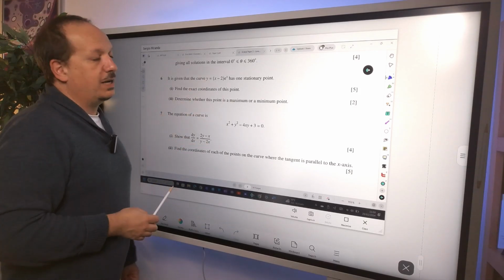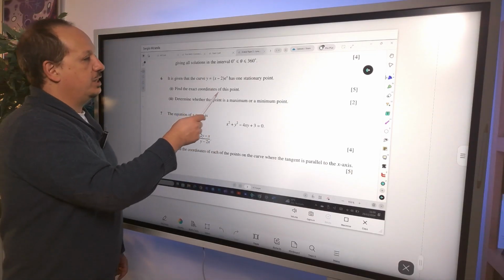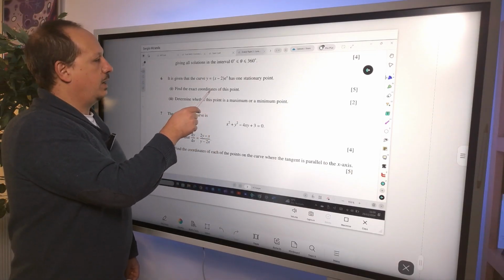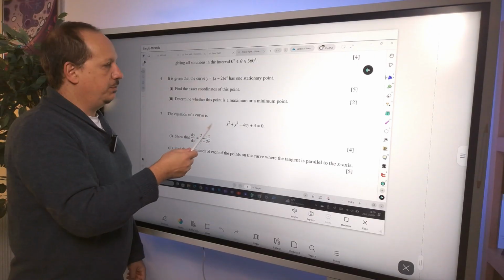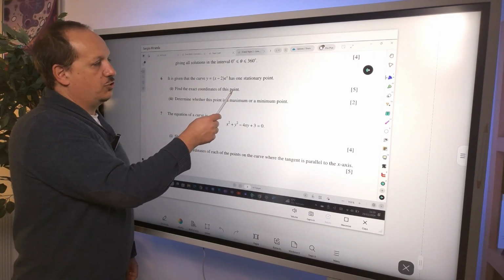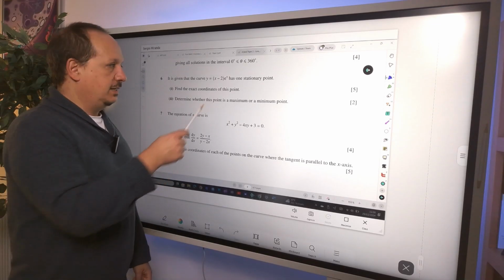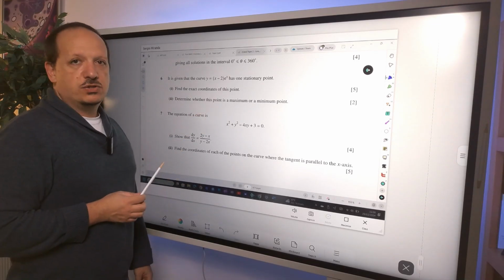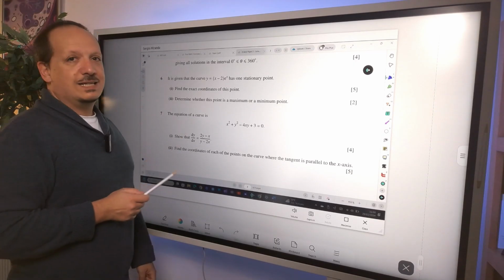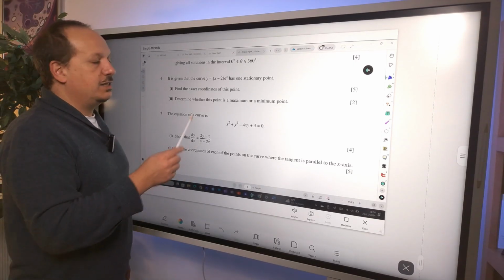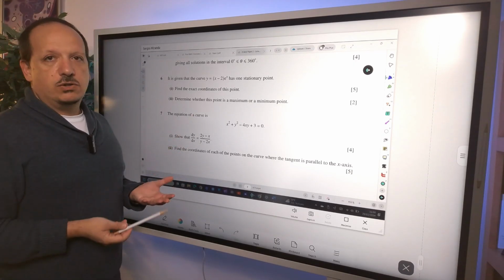To figure out if it is a maximum or a minimum, differentiate again the result in I, so that you have the double derivative. Plug in the value of x that you get over here. If the result is a positive value, then this stationary point is going to be a minimum. If the result is a negative value, then it's going to be a maximum. You already know this since last year.